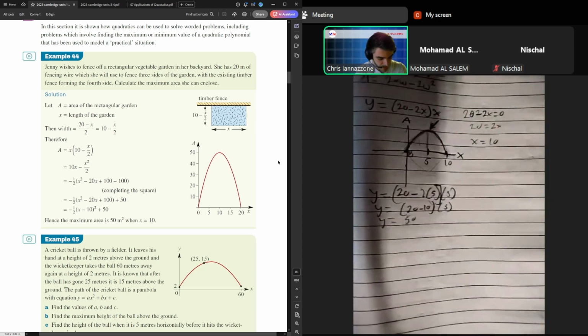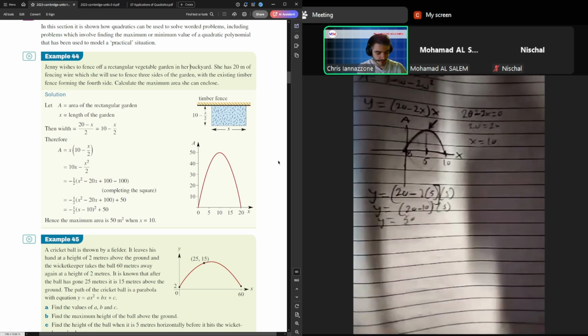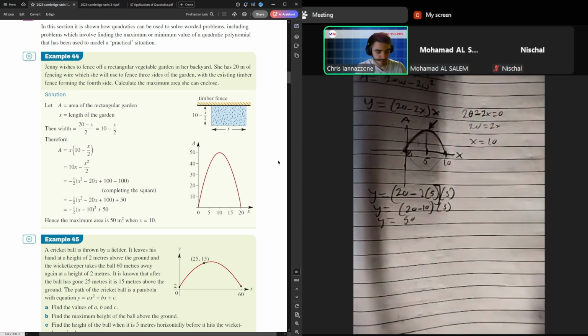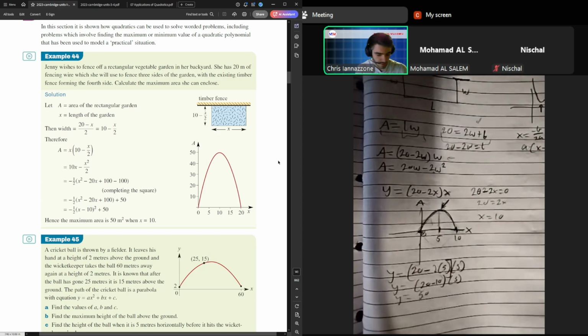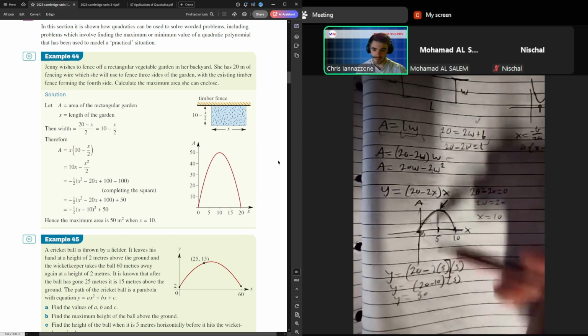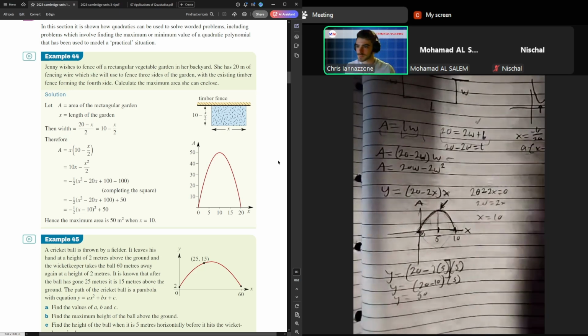So that's going to give you a value of y equals 50. Just keep in mind that we used y and x to make life a bit simpler for us. In reality, these were a's and w's. So that y value that we just found was our area, right? Maximum area in this case is 50.